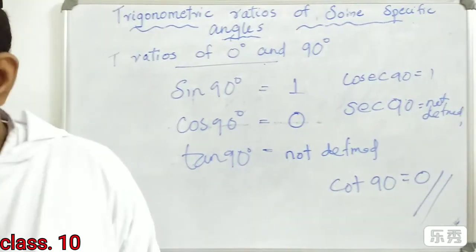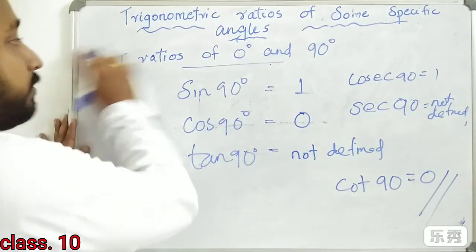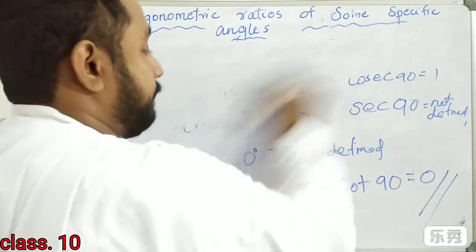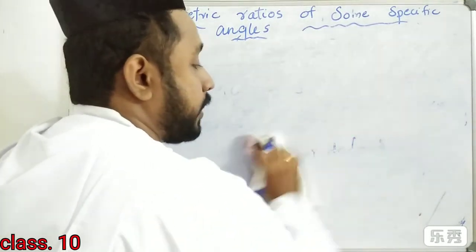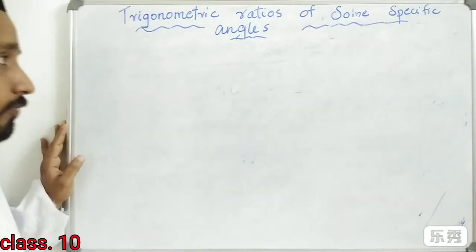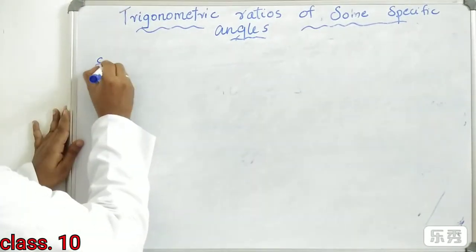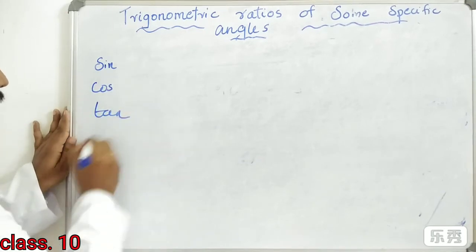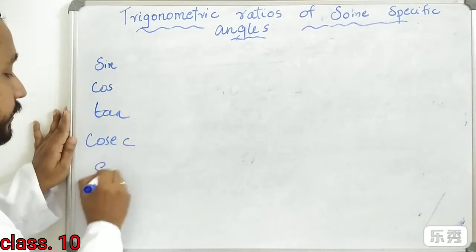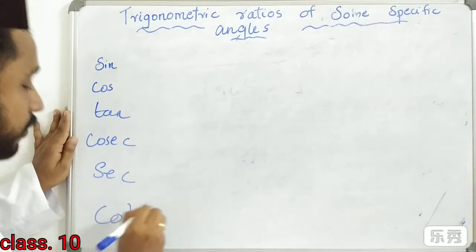Okay. So, let us summarize what we have discussed. We have 6 trigonometric ratios: sin, cos, tan, cosec, sec and cot.